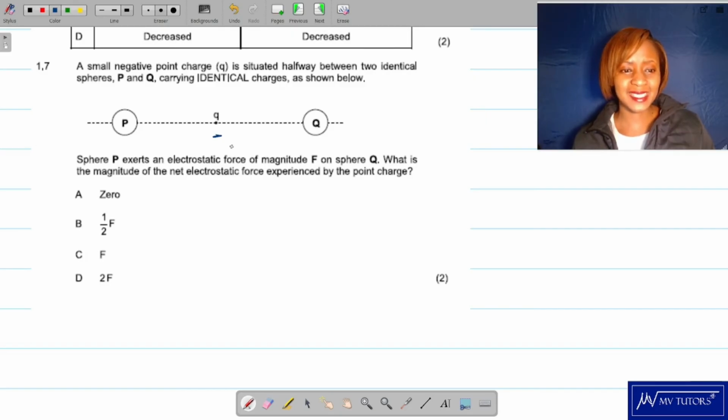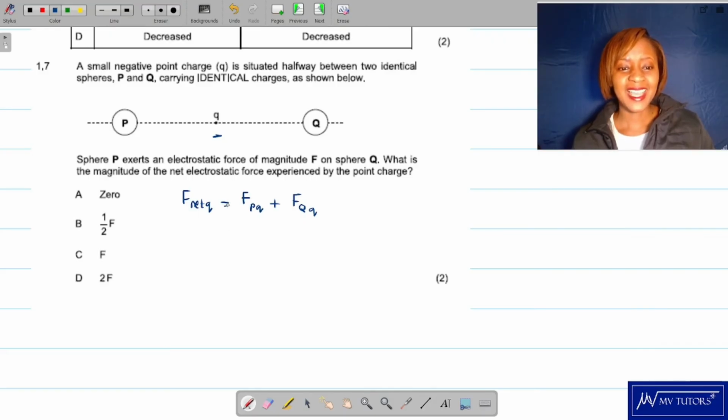So the net electrostatic force experienced by, so F net on Q, that'll be equal to the electrostatic force of P on Q, and we're going to also add the electrostatic force of big Q on small q.